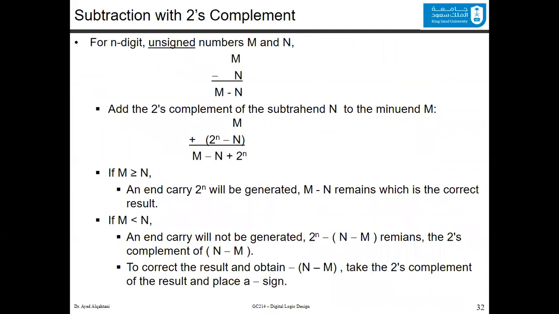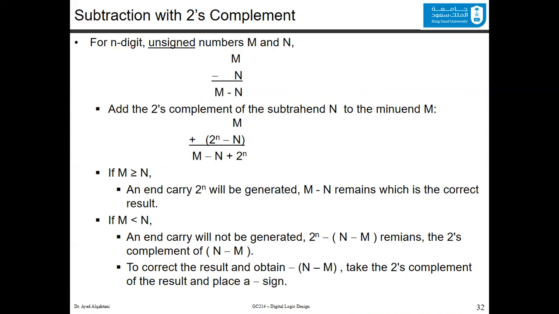Now, how to do the subtraction with the 2's complement? The idea is simply we convert the subtraction into addition. Now, if we do this conversion, we don't need to worry about borrows anymore.